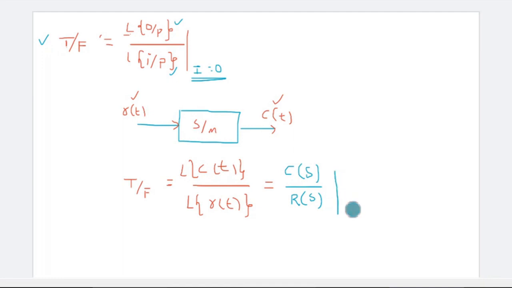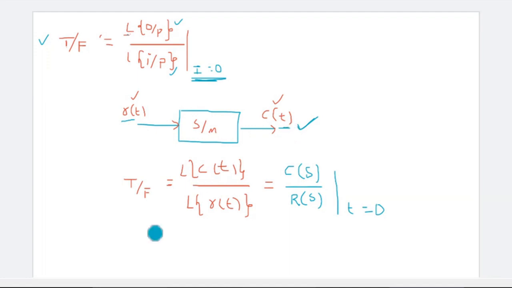Here also we are going to consider initial conditions are 0. Okay, this is the concept of transfer function. That is, it is defined as the Laplace transform of output to the Laplace transform of input of a system by considering initial conditions are 0. This is a simple representation of a system which has the input R of t and output C of t.